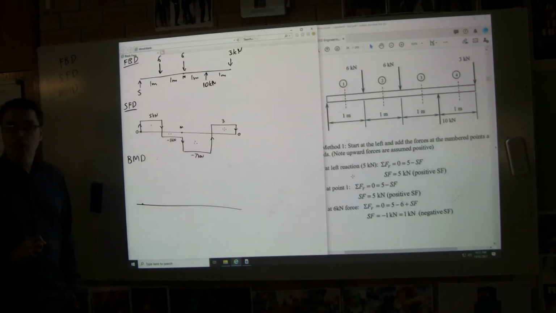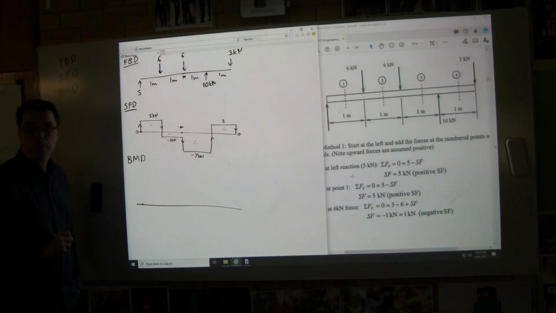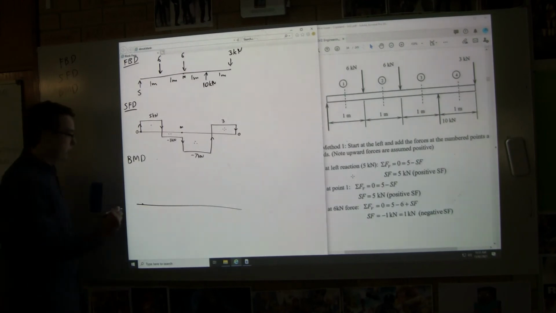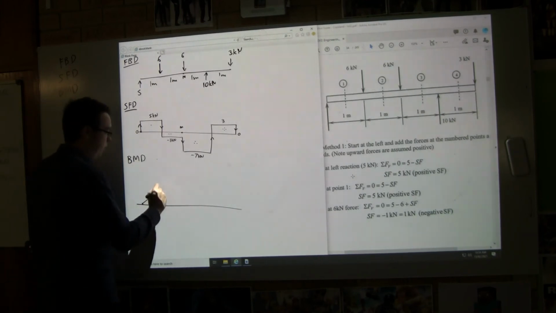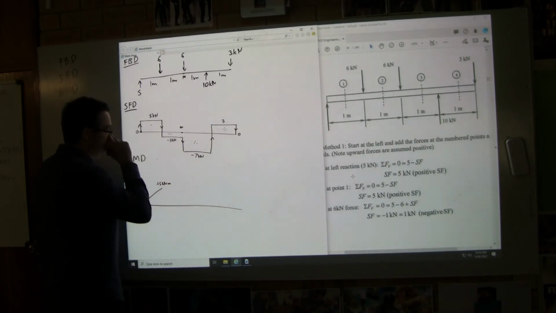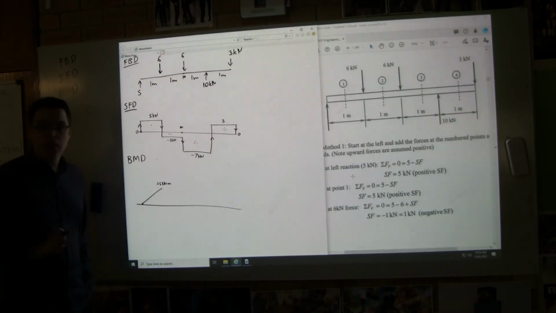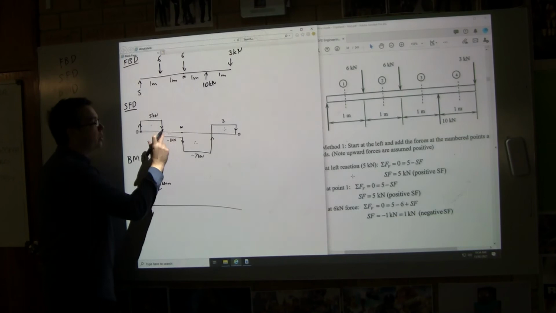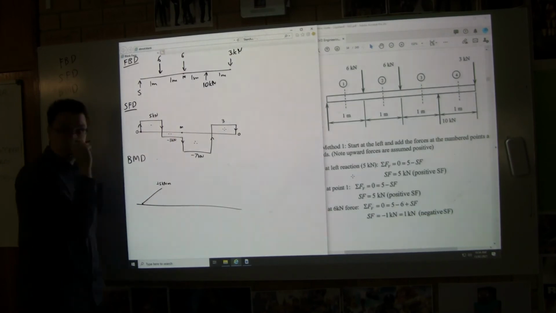What was the area in that first block? 5 times 1. Is it positive or negative? Positive. So 0 plus 5 is plus 5 kilonewton meters. Okay, then what happened in the next part of the story? I went down 6 times 1. Okay, the area of this block is minus 1 times 1.